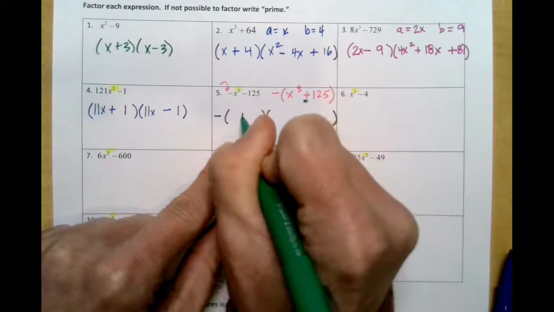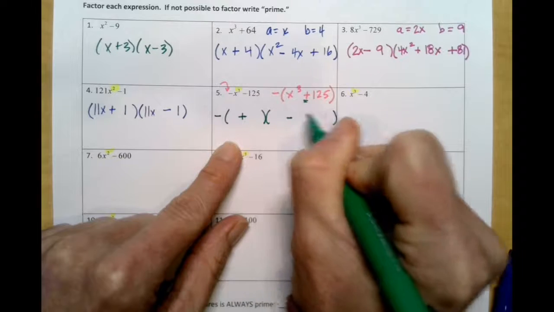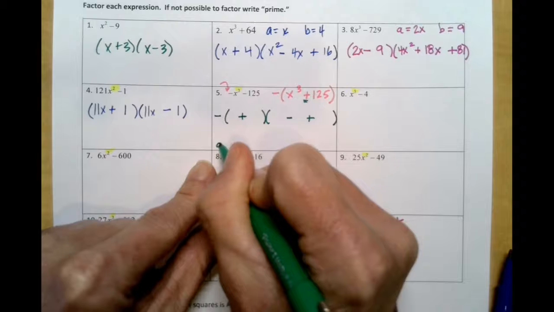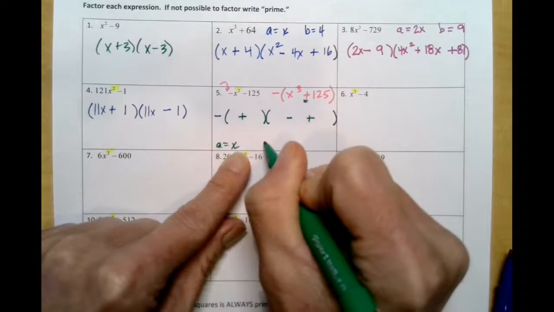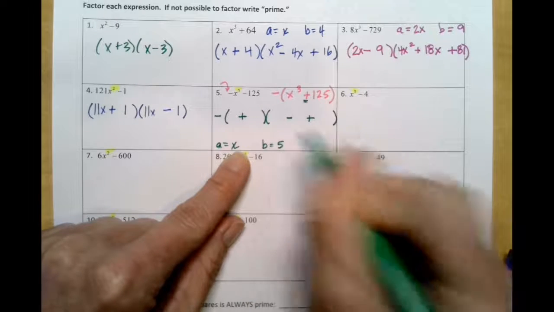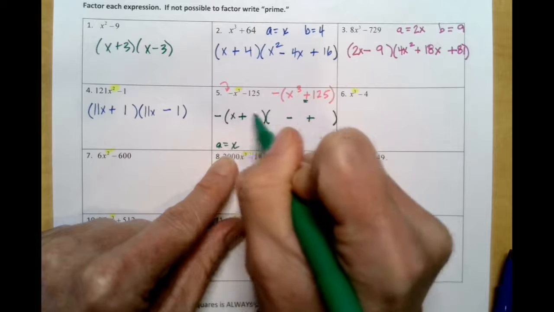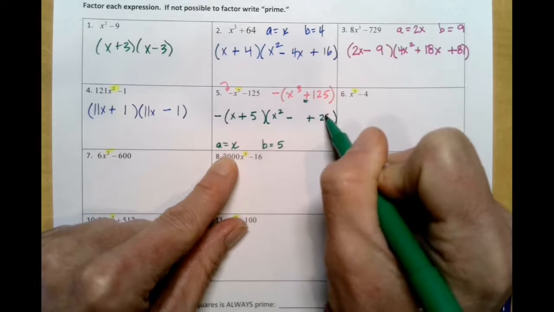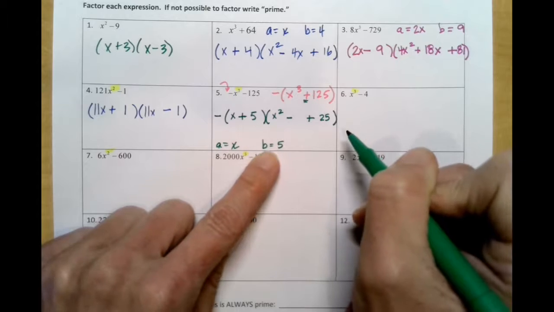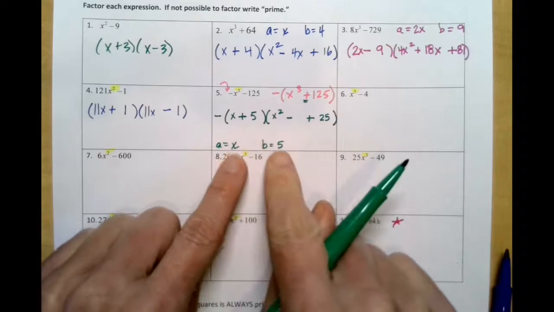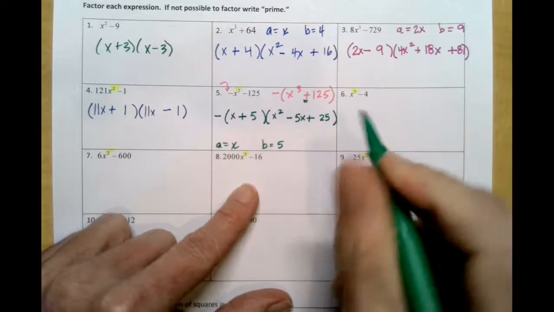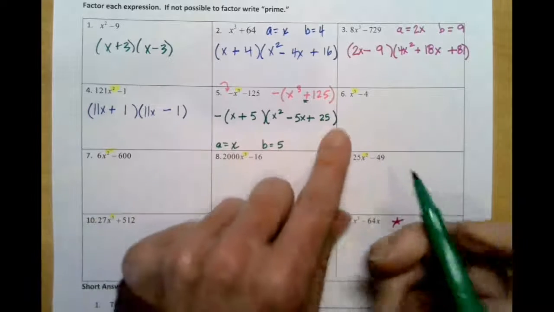Same sign is plus, opposite, always positive. My A in this story is x, and my B in this story is 5. So it's going to be x plus 5, x squared, and 5 squared go in my two outside positions. And then I'm going to multiply these two values together, 5 and x, to get that middle term.